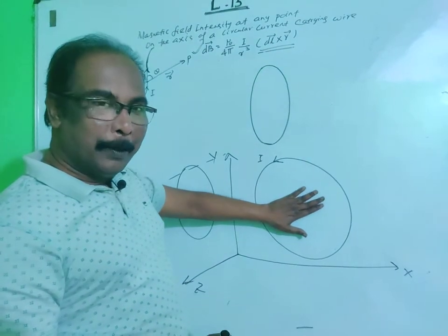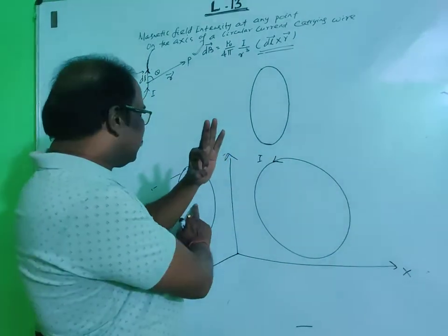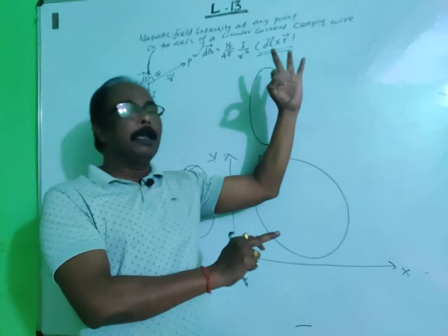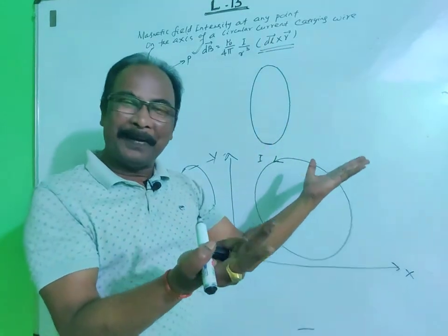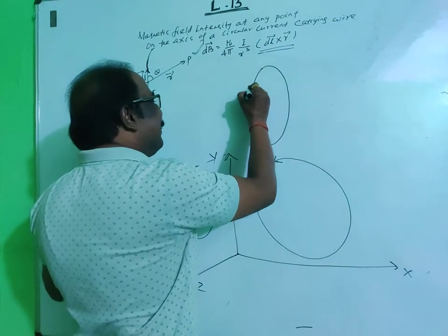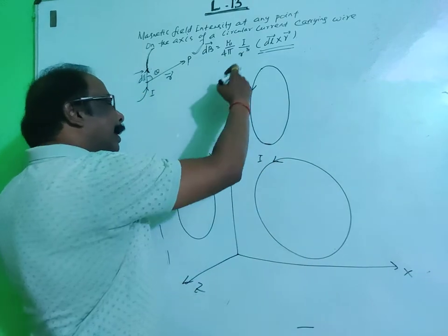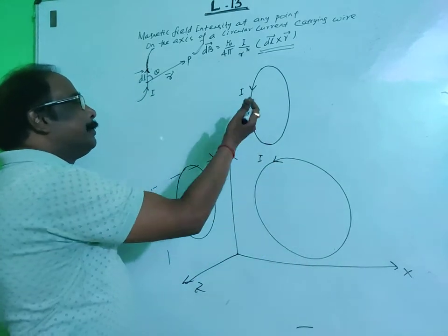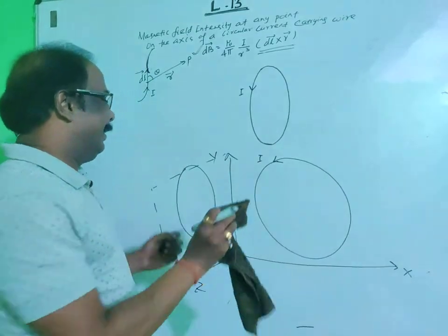This is the diagram of a circle whose plane is parallel to this white board, and this diagram represents the plane of the circle perpendicular to the plane of this white board. Clear? Let this coil be carrying current I. I have taken it in anti-clockwise order. You may take clockwise or anti-clockwise, whatever may be.